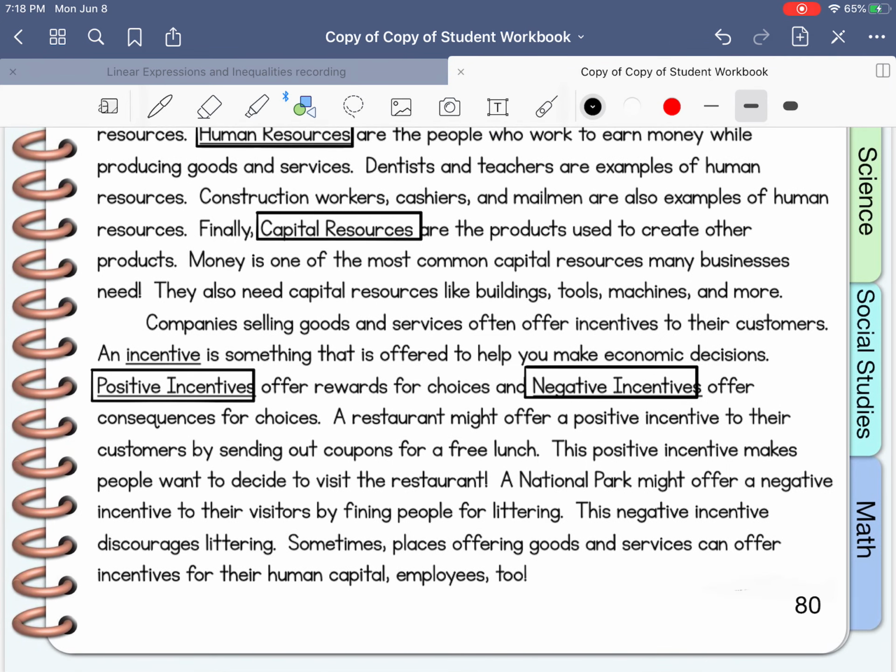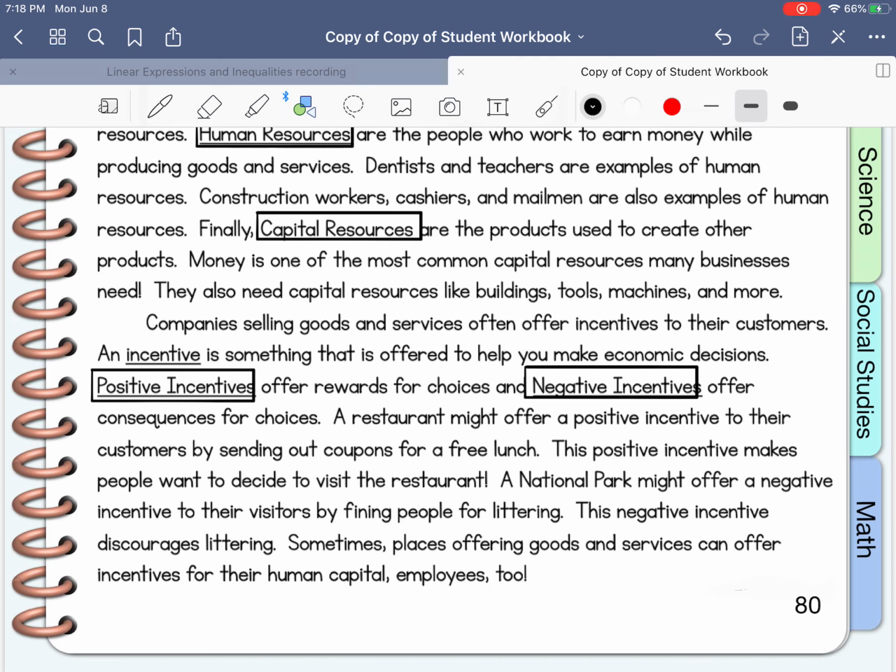Companies selling goods and services often offer incentives to their customers. An incentive is something that is offered to help you make economic decisions. Positive incentives offer rewards for choices, and negative incentives offer consequences for choices. A restaurant might offer a positive incentive to their customers by sending out coupons for a free lunch.